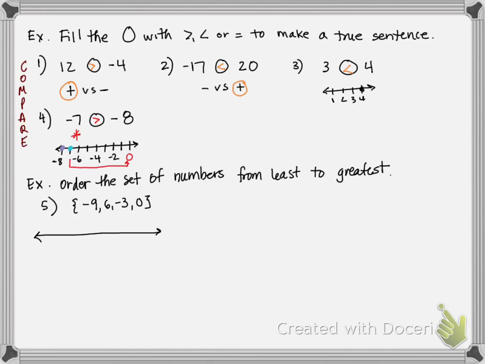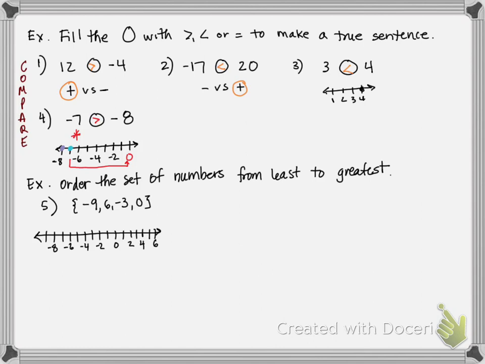So let's see. I need to go from -9, -8, and so on up through 6, counting by twos: 6, 4, 2, 0, -2, -4, -6, -8. This is the reason why I don't put every number in my number lines. It just gets too small.